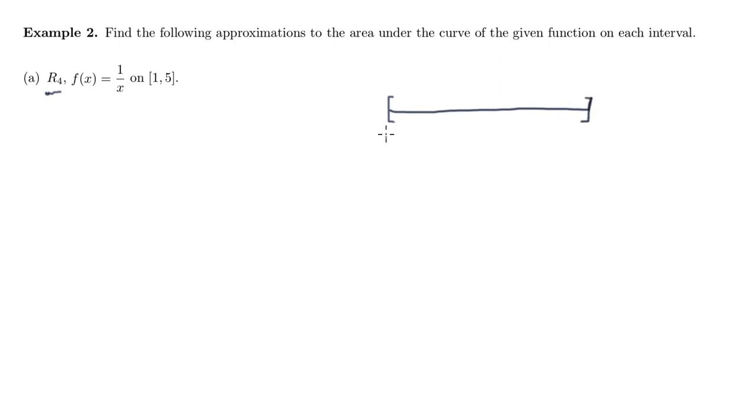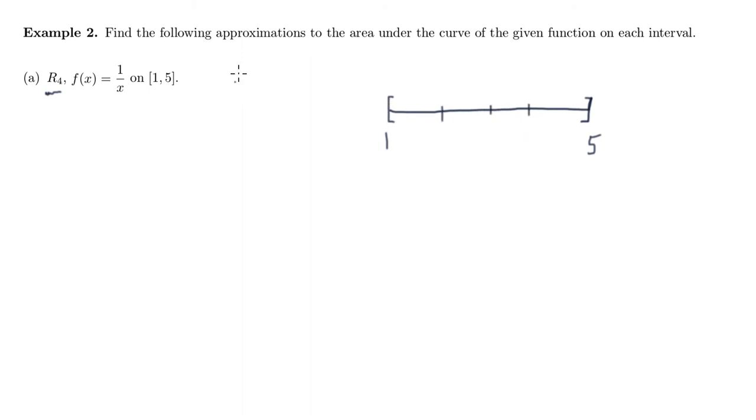So here's 1 and here's 5. And now we want to partition the interval into 4 equally spaced subintervals. Okay, so we need, therefore, 3. You always need one less boundary to separate it into 4 pieces, so we make kind of 3 cuts.